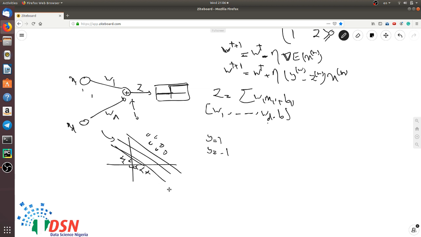Okay, so the perceptron algorithm is like this. Let's write it down in here. Perceptron algorithm. First we should initialize all the weights, so we initialize the W's.